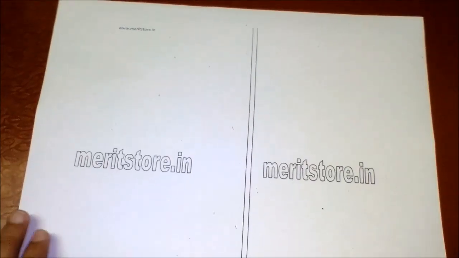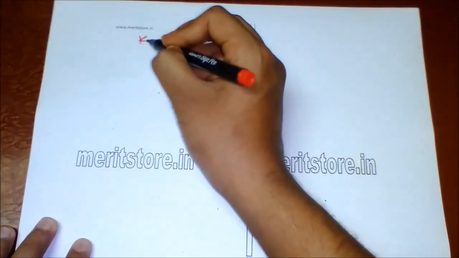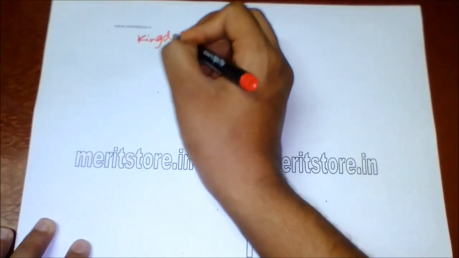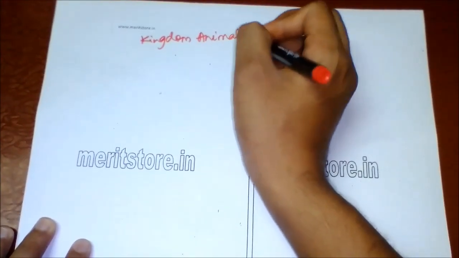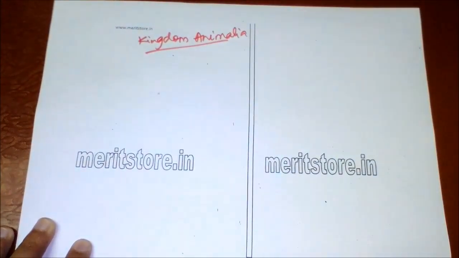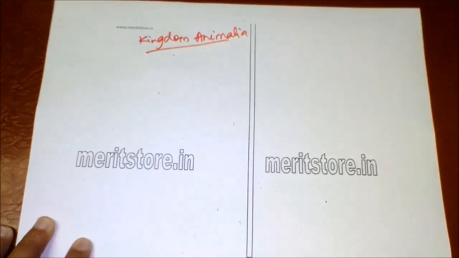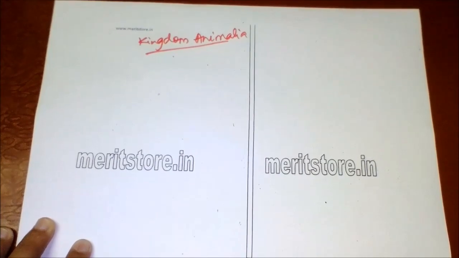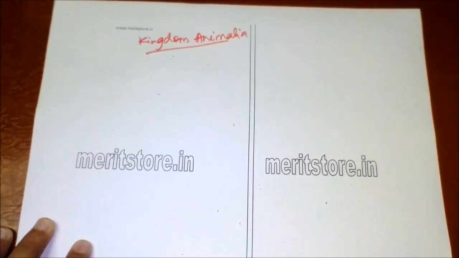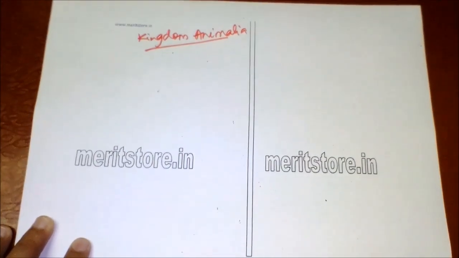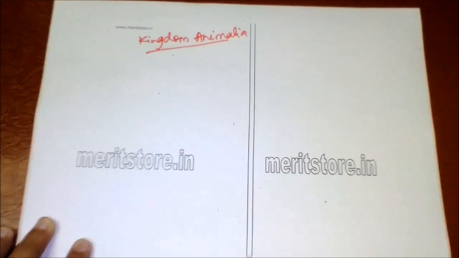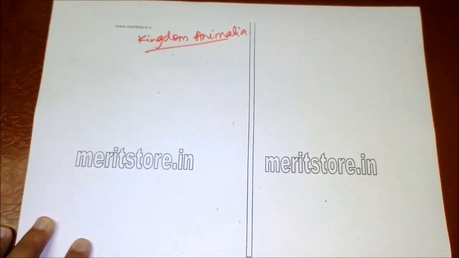Now we will revise what is important in kingdom Animalia. For the last minute revision, you need to know the basis of classification, the level of organization: cellular level, tissue level organization, organ level organization, organ system level. Then body symmetry.